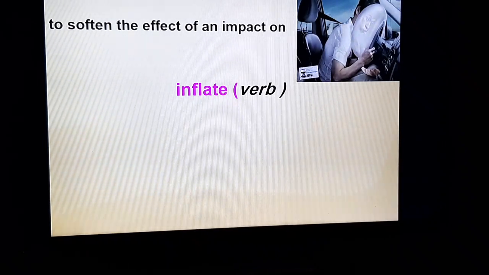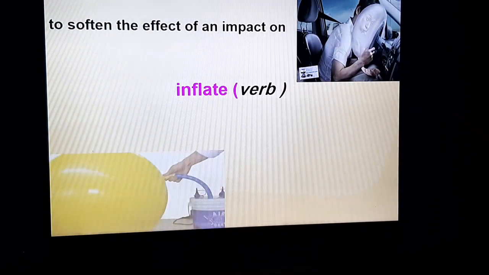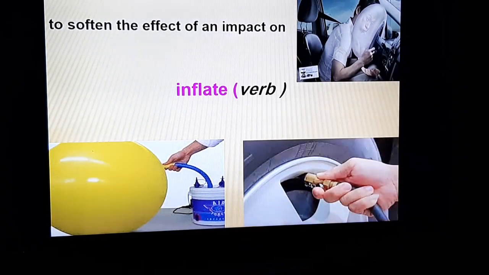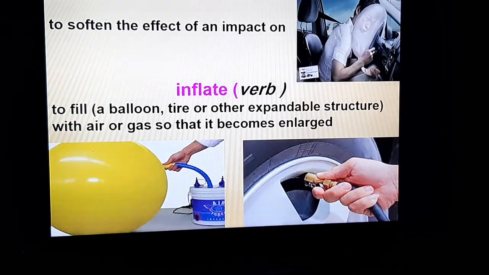To inflate something, we fill it with air. This man is inflating the balloon, filling it with air. To fill a balloon, tire, or other expandable structure with air or gas so that it becomes enlarged.